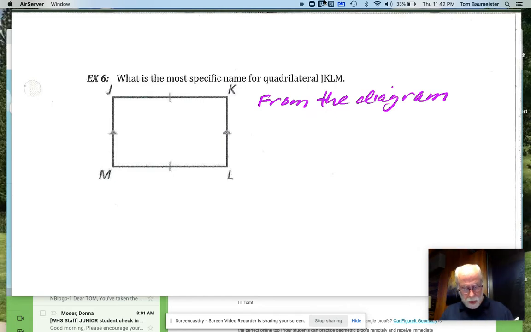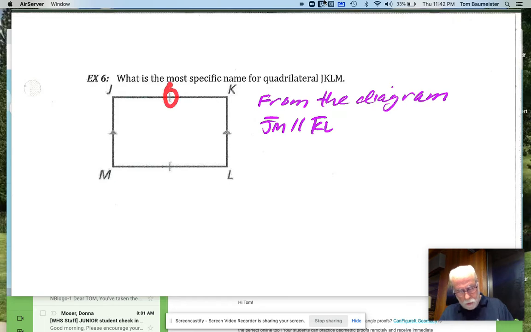You can tell me that line segment JM is parallel to line segment KL.